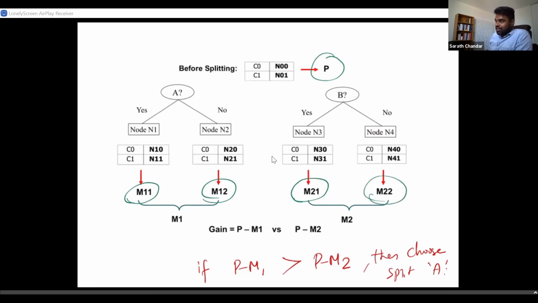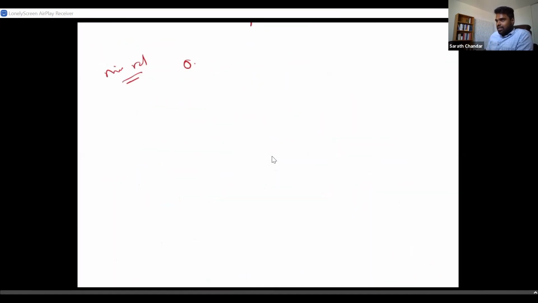Now the next question is, how do I come up with M1 and M2? How do I combine these two Ginis together? The way in which we are going to do that is like this.